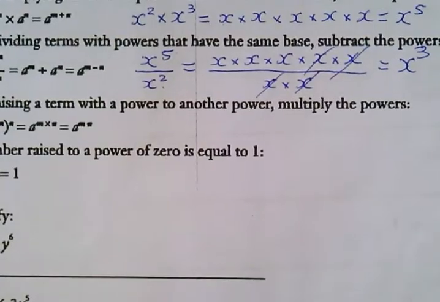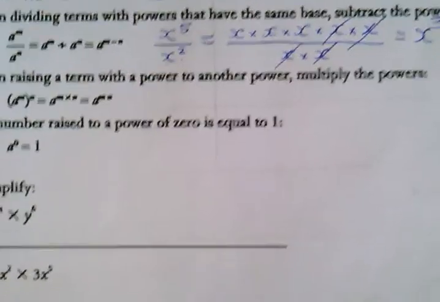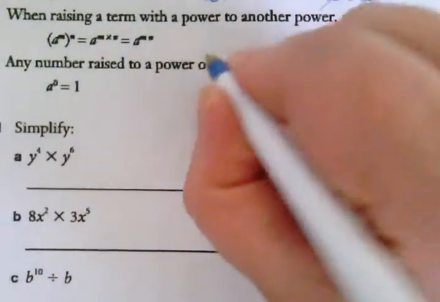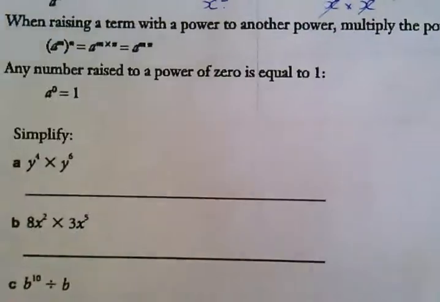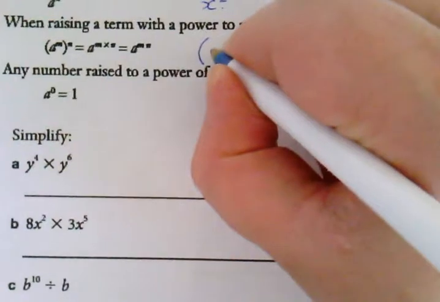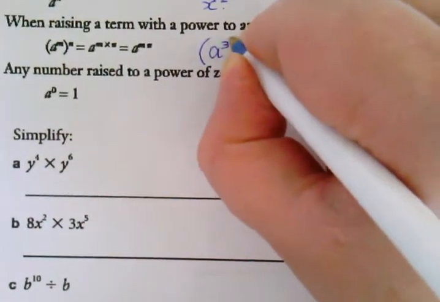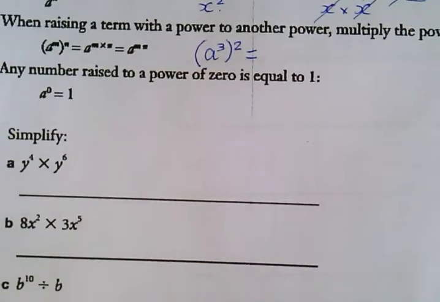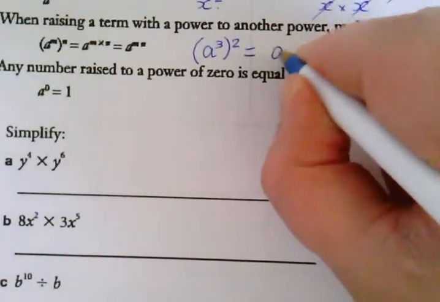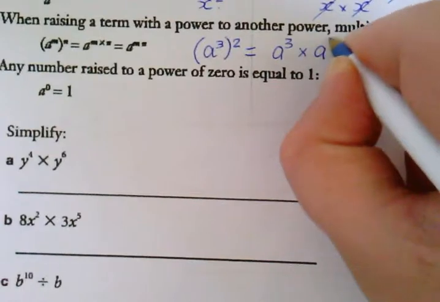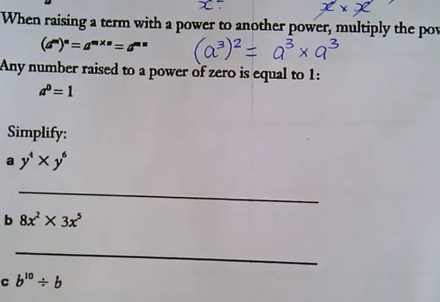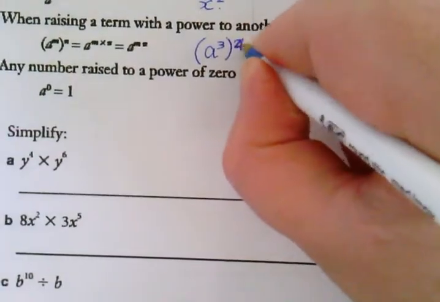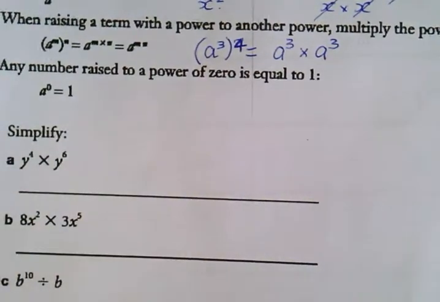So they're the first 2 index laws. The next index law is raising a power to another power. I'll give you an example. This time I'm going to use a. a cubed squared. When you square something, isn't it really something times itself? Yes or no? Actually, I might do it to the power of 4, make it a bit more obvious. a cubed to the power of 4.